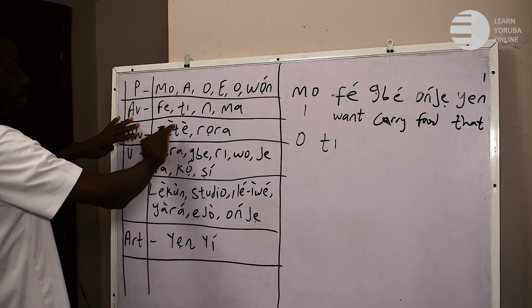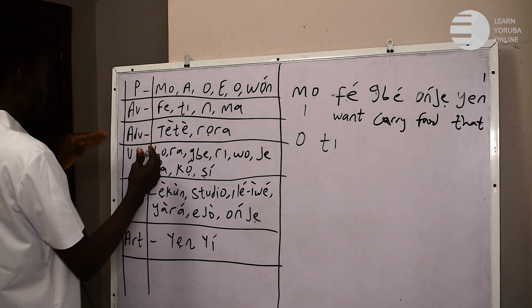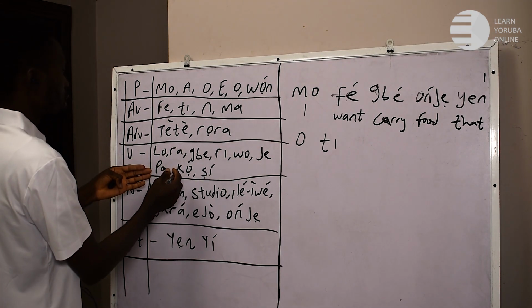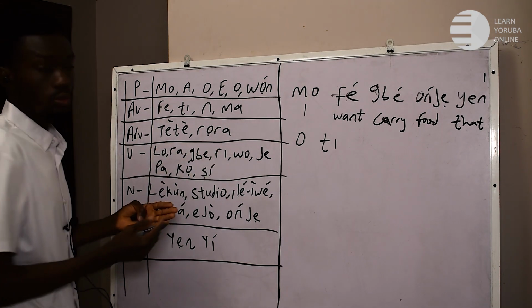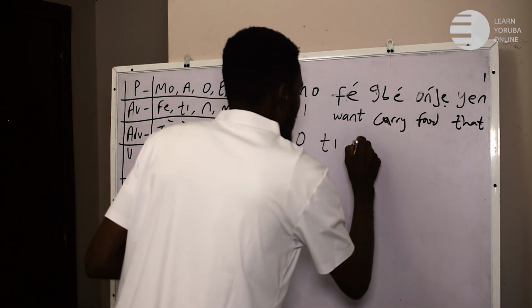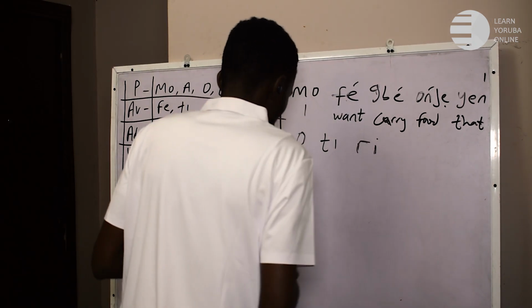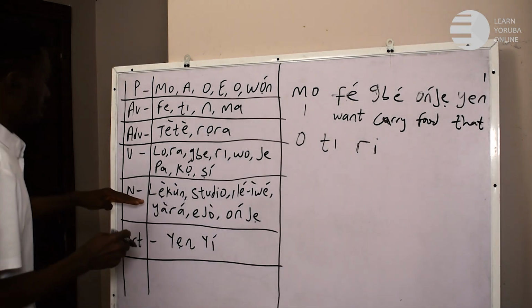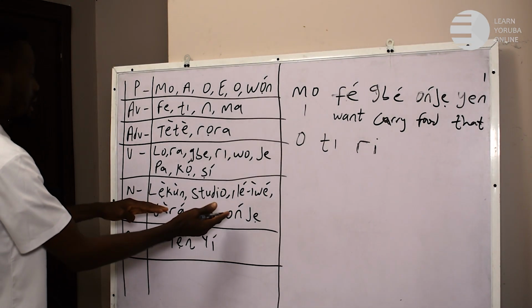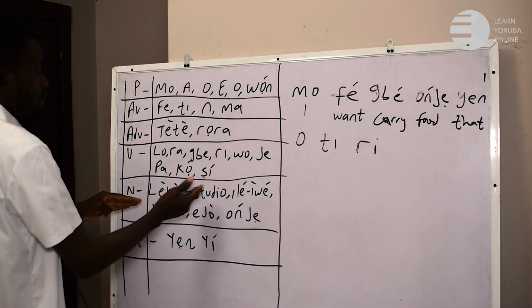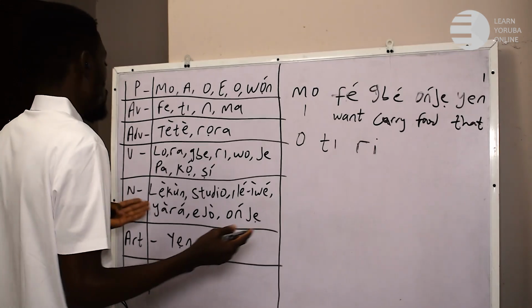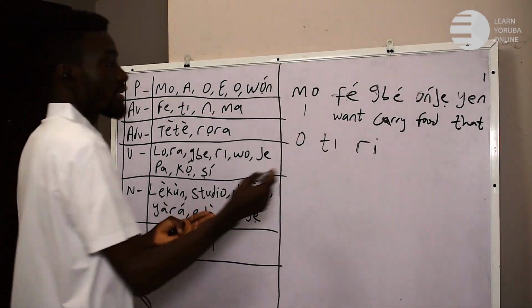We can say we don't want to use an adverb. We can jump to the verb. So o ti ri, this is ri, which is saw. We can say o ti ri, and then whatever the case may be. It can be lekun, it can be studio, it can be ilewe. So we can just use yara, o ti ri yara.